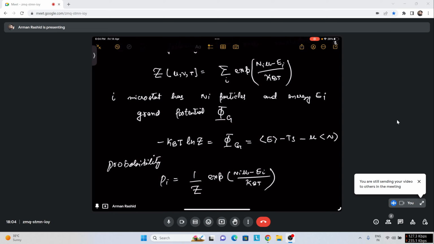The grand canonical partition function is sometimes written in terms of alternate variables.